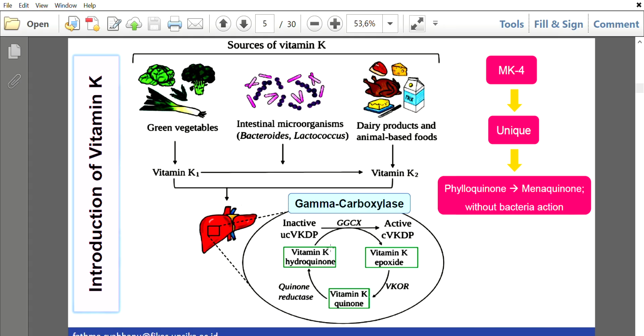Okay. After vitamin K hydroquinone helps the gamma carboxylase, the activated vitamin K will transform to vitamin K epoxide, and the vitamin K epoxide must continue its activity.